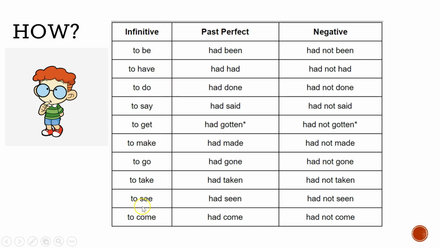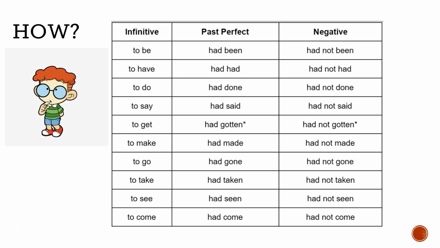If you look at another example over here, if the verb is to see, you need to put the had plus the participle of the verb see, which in this case would be seen. As for the present tense, you'll have see. For the past tense, you'll have saw.